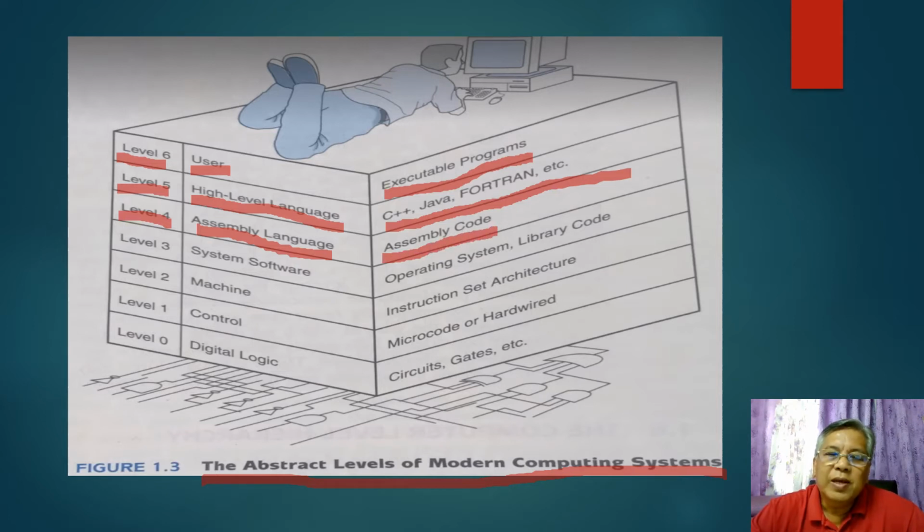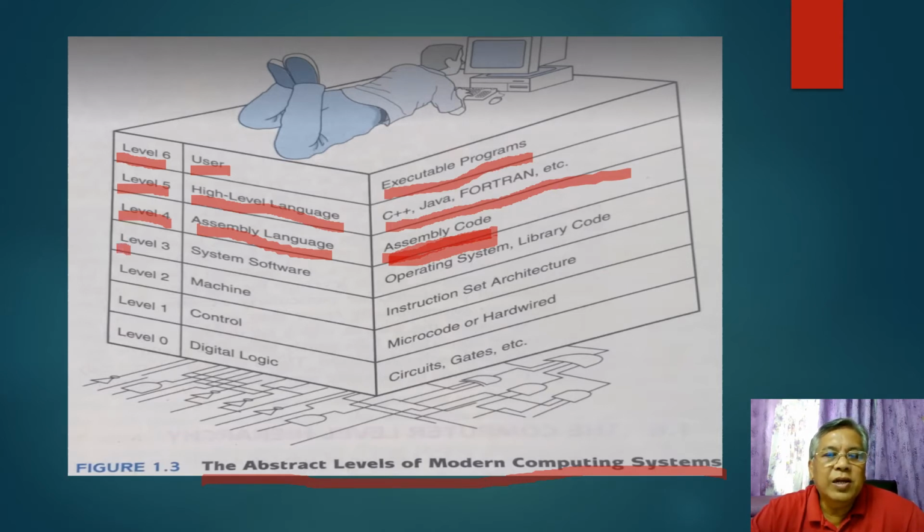In other words, high-level languages, once translated into assembly language, will have the equivalent assembly code. This assembly code will then be used by the machine to understand the instructions.